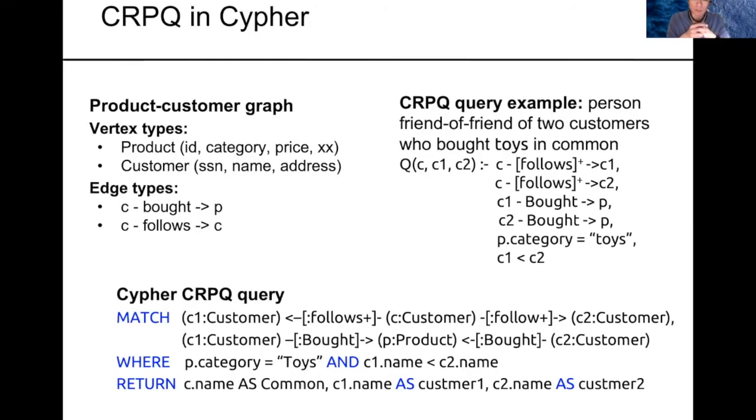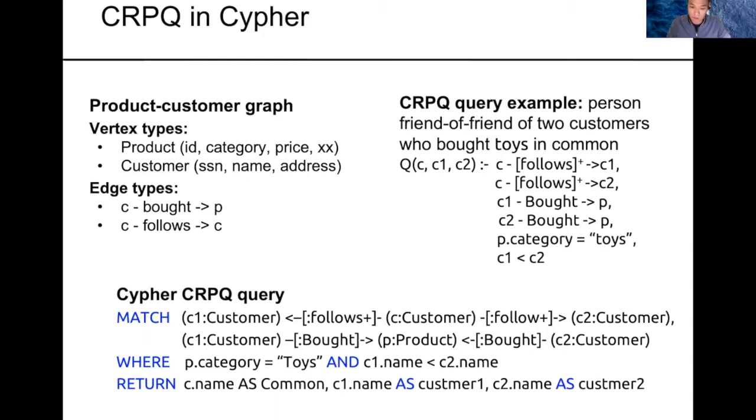Again, we will use the product customer graph and the conjunctive regular path query example to show whether Cypher is capable of expressing the conjunctive regular path query or not. So actually, it can. In the Cypher conjunctive regular path query, in the match clause, there are 2 patterns.